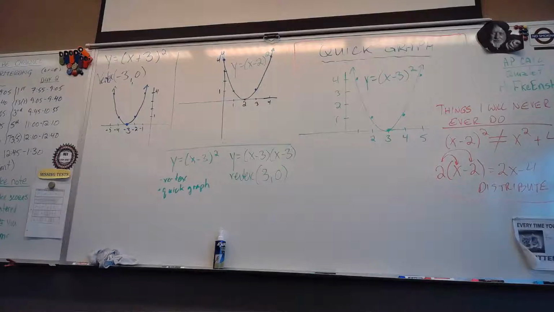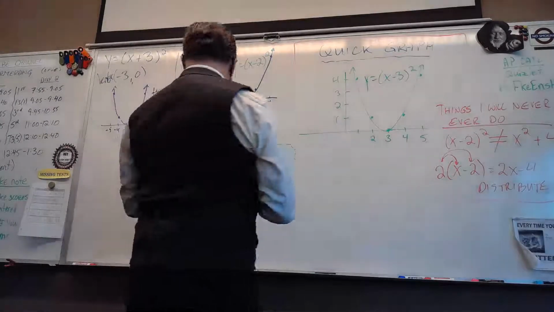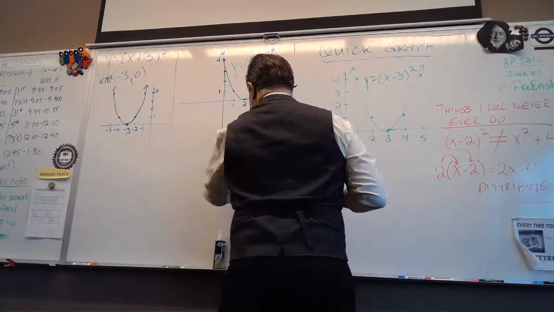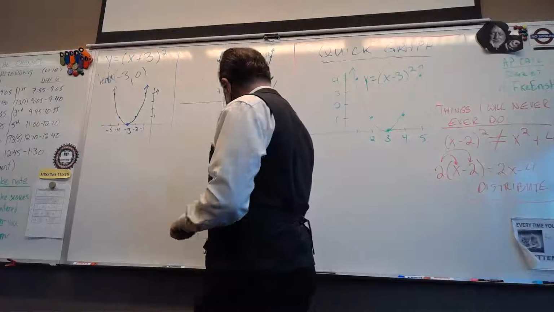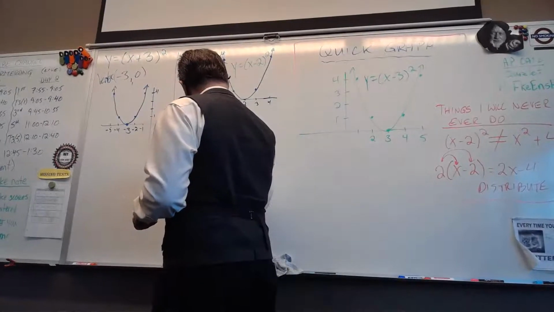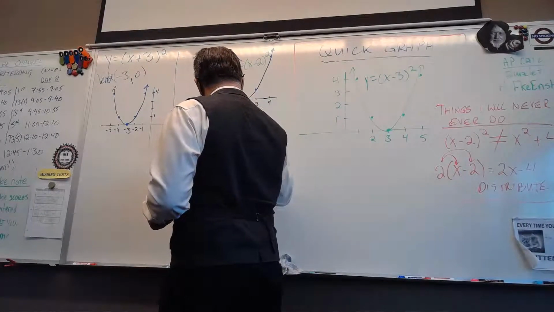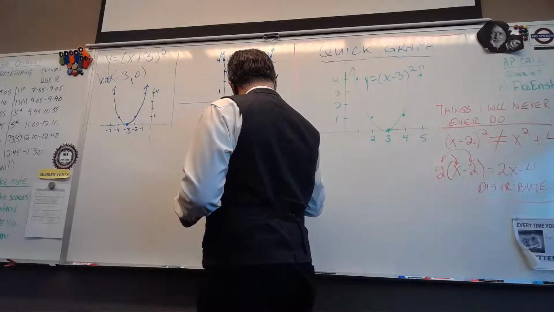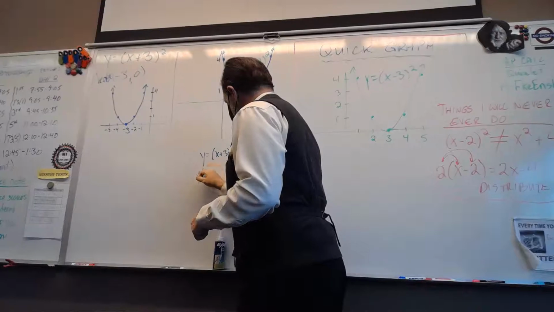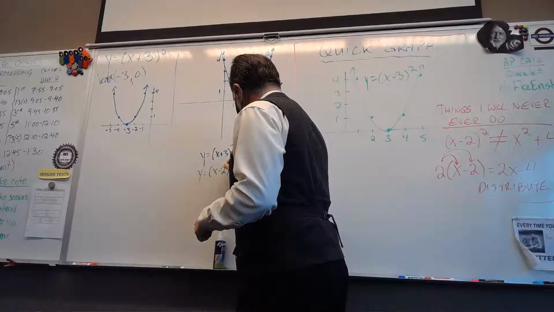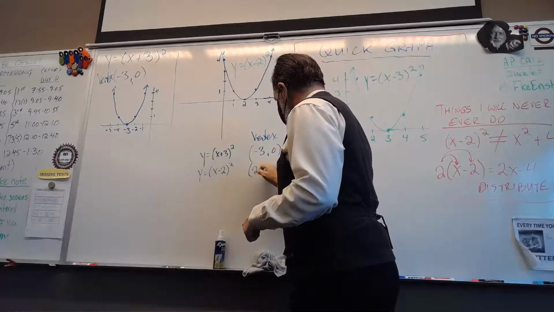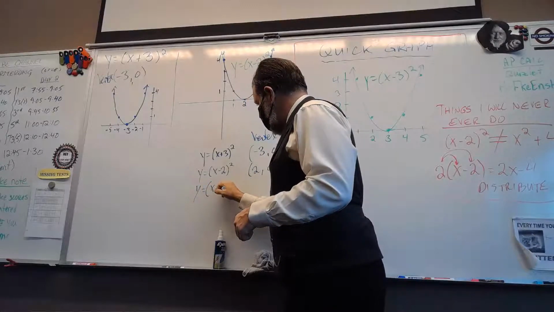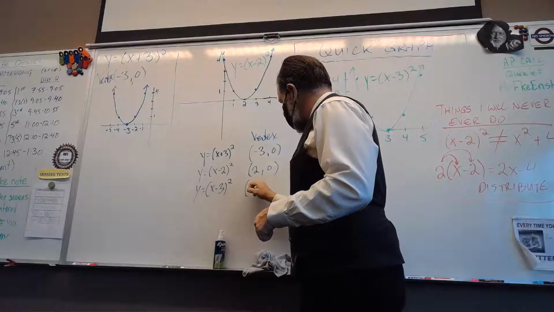Cool. So let's make a little table here. y equals x plus 3 squared, vertex -3. y equals x minus 2 squared, vertex +2. y equals x minus 3 squared, vertex 3.